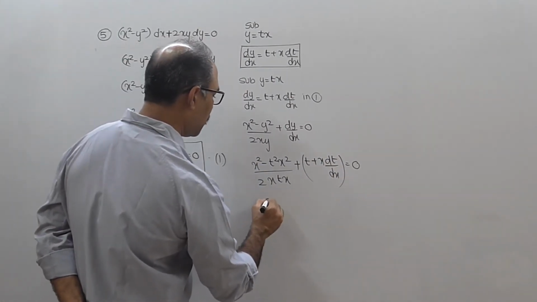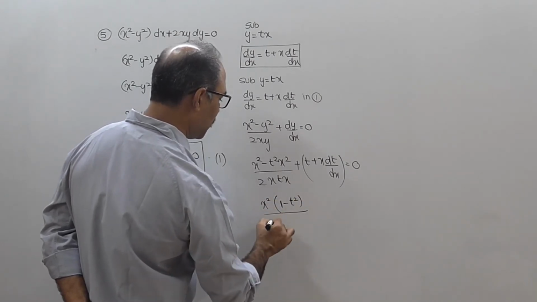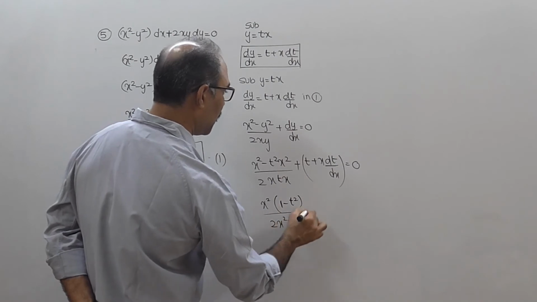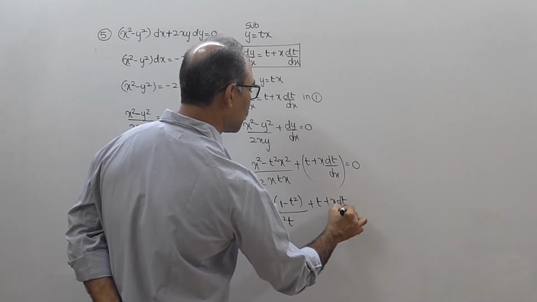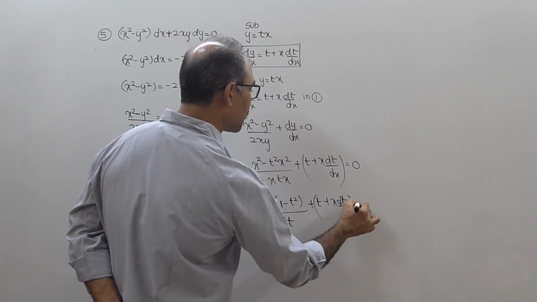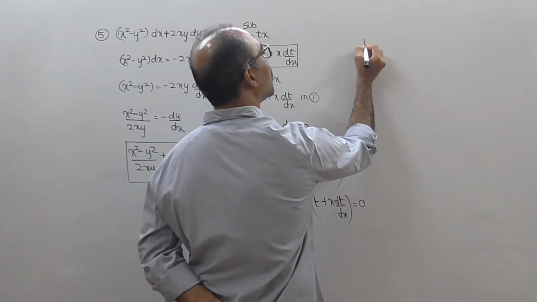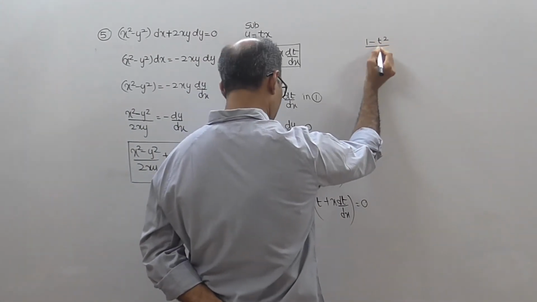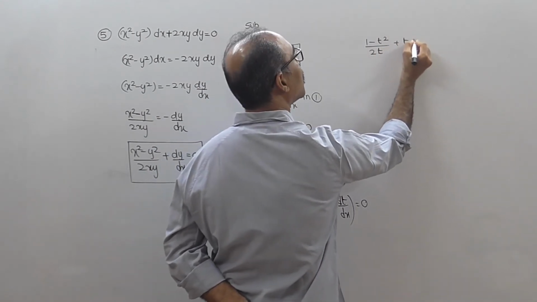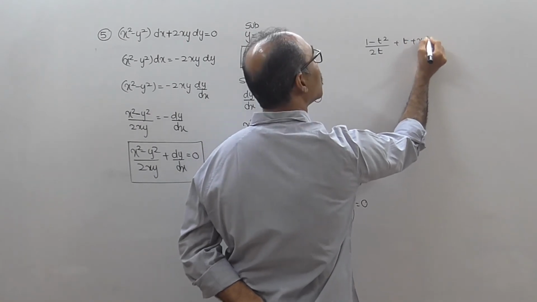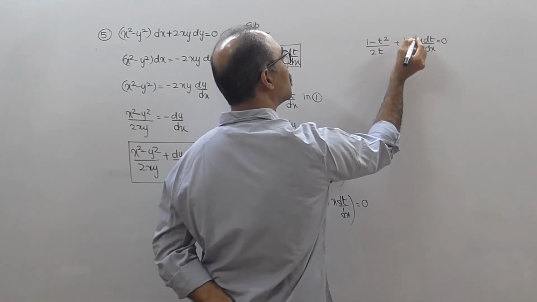Take x square common from the numerator, you get 1 minus t square, this is 2 x square t, plus t plus x dt by dx equal to 0. Cancel x square and x square. So I think we are left with 1 minus t square followed by 2t, plus t plus x dt by dx equal to 0.